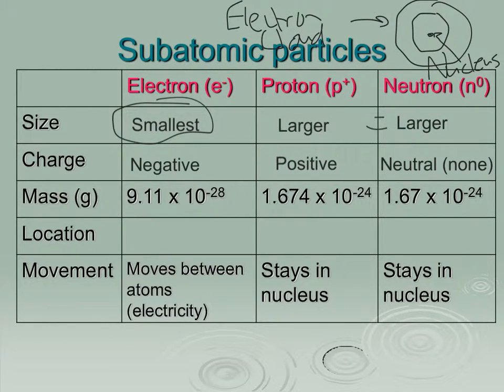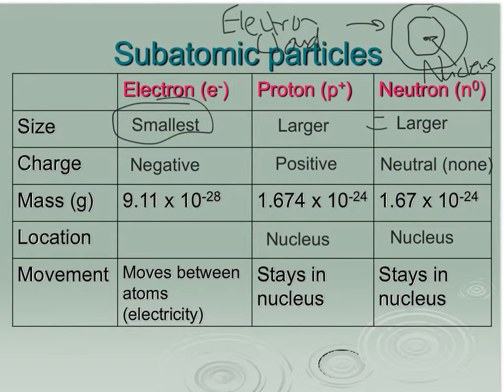So the nucleus is where the protons and neutrons lie. And then the electrons, believe it or not, lie in the electron cloud that surrounds the outside.